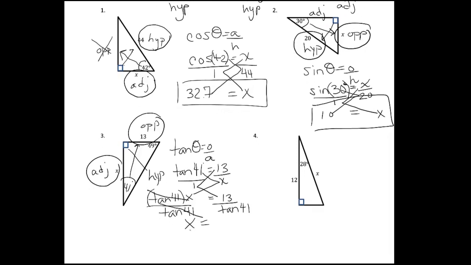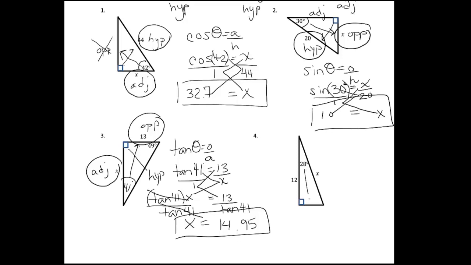And I'm going to type in my calculator 13 divided by tan 41. And I get like 14.95. Those ones are tricky, but it's the same type of process. It's just the fact that that tan 41 throws people off.